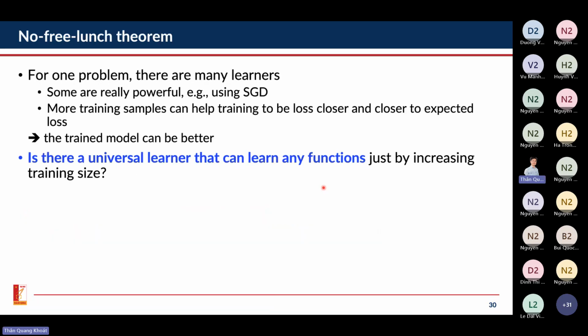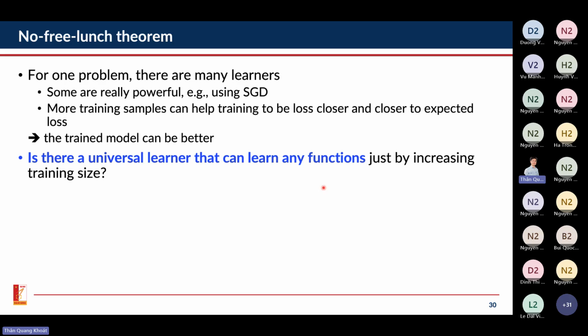And when we work with some learners, sometimes we can observe some very common behaviors. Some algorithms are very strong. We can apply them to many different kinds of models. For example, we can use SGD in optimization, right? It is a very strong optimizer, and in deep learning, you can use it to train a good model very easily.